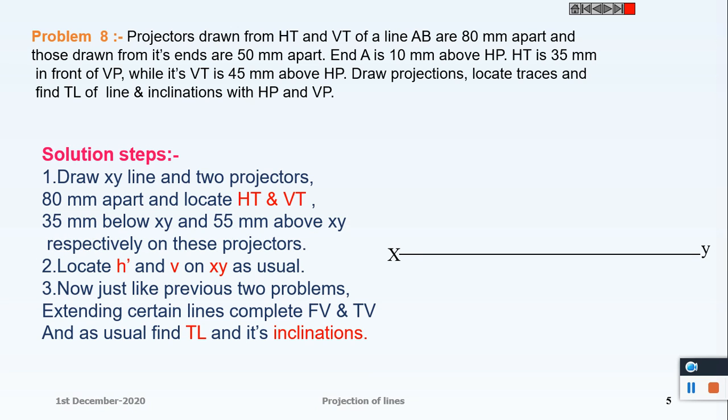Draw the XY line first. Now two lines about 80 millimeter apart. This is the distance between the projectors from HT and VT. So HT and VT will be in these lines.